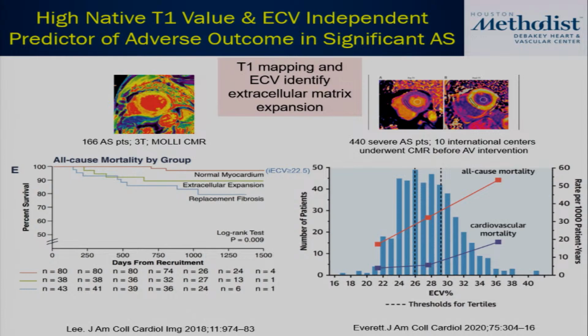You can see, number one, not shown here but in other studies, that it tracks very nicely with the severity of aortic stenosis. And number 2, anytime you have any type of fibrosis, whether it's extracellular and definitely replacement fibrosis, you are already impacting mortality and cardiovascular outcomes. As the ECV, or the amount of extracellular space, is expanded by this interstitial fibrosis, your risk progressively increases.